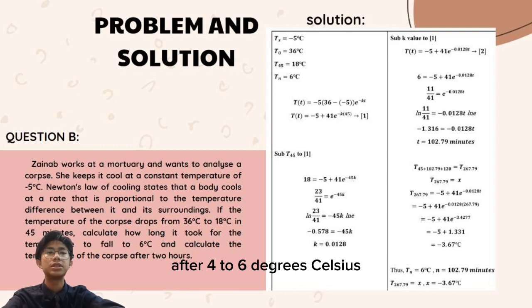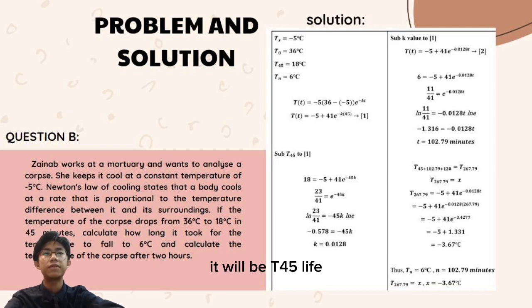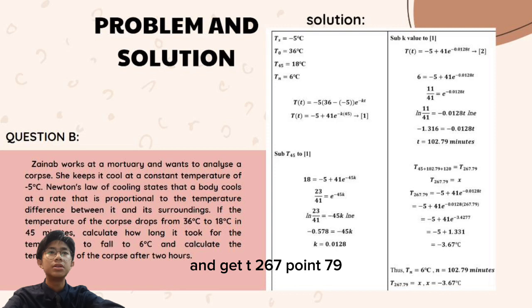And for the other question, we are asked to find the corpse temperature after 2 hours, after it fell to 6 degrees Celsius. First, we need to know the time from the beginning of the process. It will be T45 plus 102.79 plus 120, and we get T267.79.